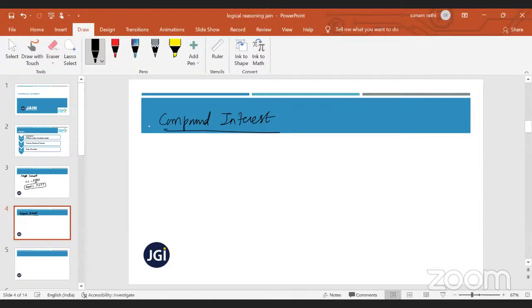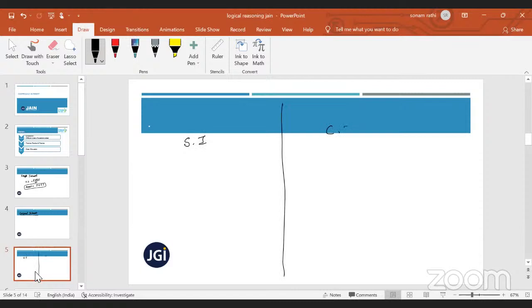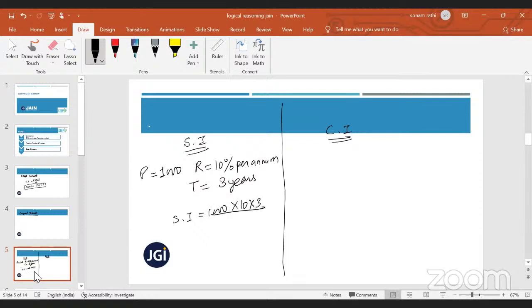Let's understand the difference between compound interest and simple interest, then we'll move forward. In simple interest, if I give you principal 1000 rupees, rate 10% per annum, and time is 3 years, how will you calculate? SI is equal to P into R into T by 100, right?